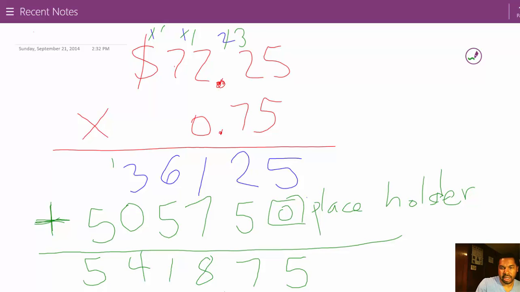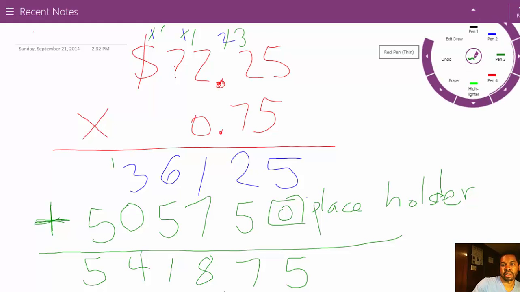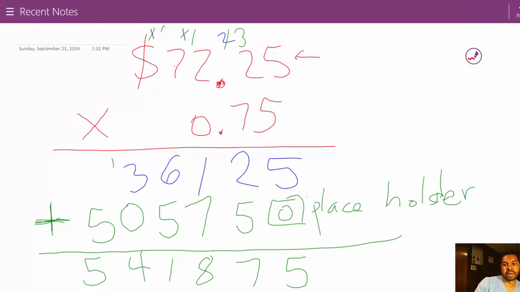Now we go back to our decimal places. Alright, so we notice here that we have 2 decimal places. I'm going to call that DP. Okay, and also here we have 2 decimal places.